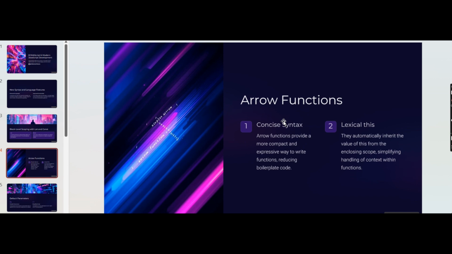The arrow function is basically a syntax of the function that was introduced in the simplest way. I will show you how arrow functions are created and used in JavaScript in my subsequent videos.